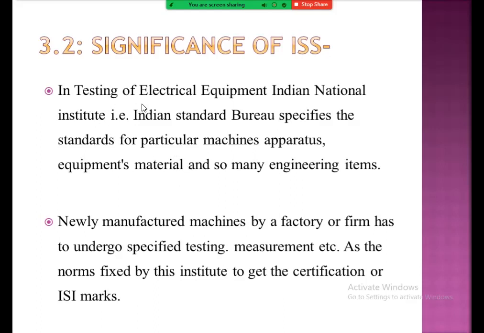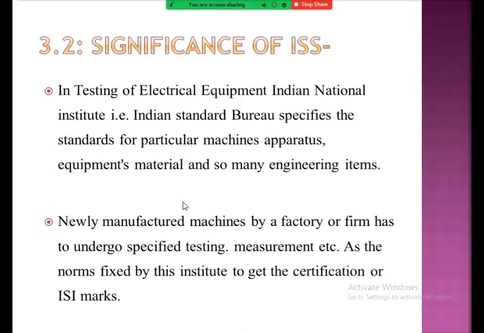While testing electrical equipment, the Indian Standard Bureau specifies the standards for particular machines, apparatus, equipment, materials and many engineering items. They give the standards for a particular design. According to those standards, you have to manufacture the apparatus, part, equipment or machines.